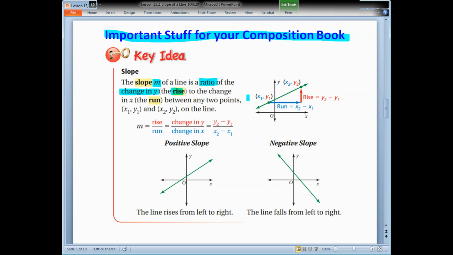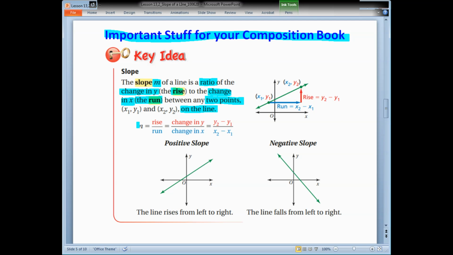So we're comparing the rise to the change in x, which we call the run. Okay, and this is between any 2 points on a line. You can pick the points. So if you're given a table of coordinates, you pick 2 of them, and it doesn't matter which 2 you pick. And you can calculate the slope of that line that goes through those 2 points.